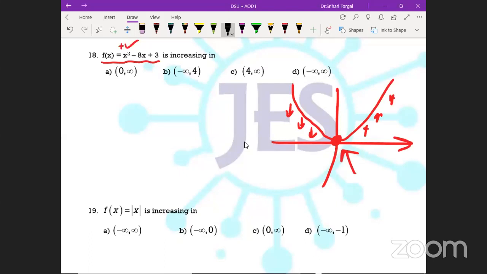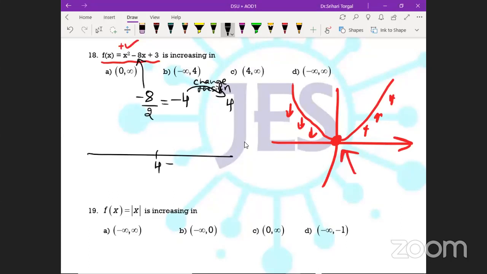You just divide this: minus 8 divided by 2. What you will get? Minus 4. And change the sign. You will get 4. See here. From 4 onwards, it is increasing. Before that, it is decreasing. That's it.